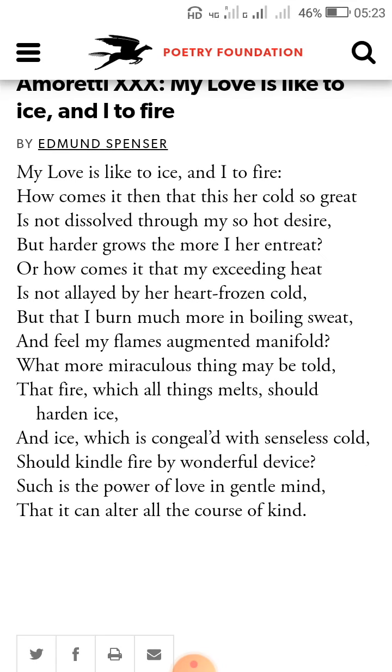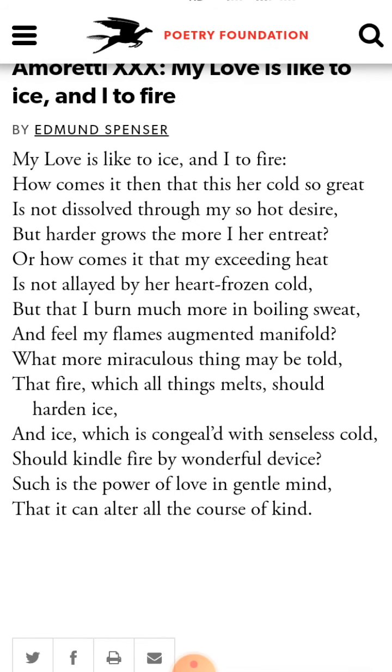On the other hand, we can see that the fire of love, the flames of love in the heart of the poet are being lightened by a wonderful device, by the ice, by the coldness of his partner's love.